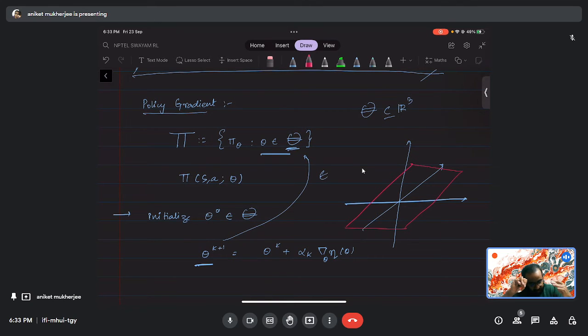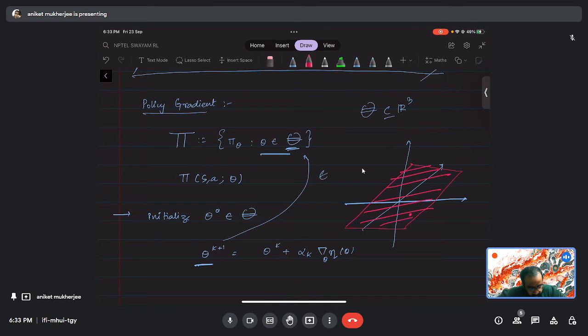I don't know how it's looking, but okay. Now suppose I start with my theta 0 on a point on this plane; it's a subset of R^3, not the whole of it.